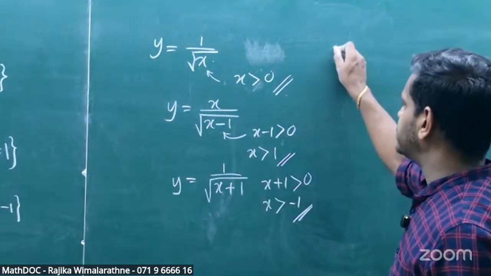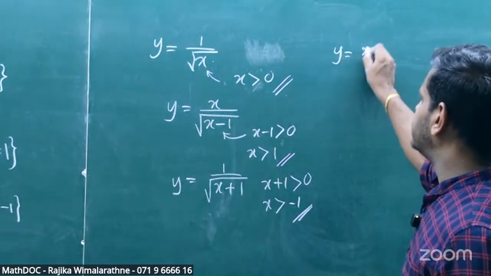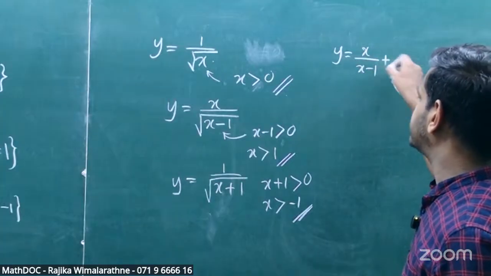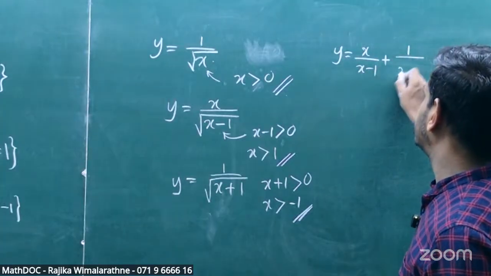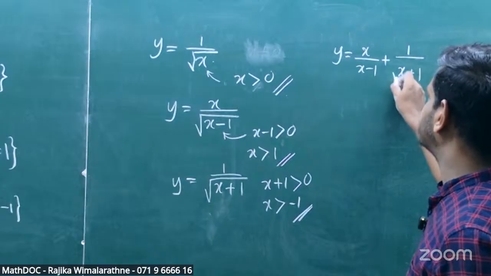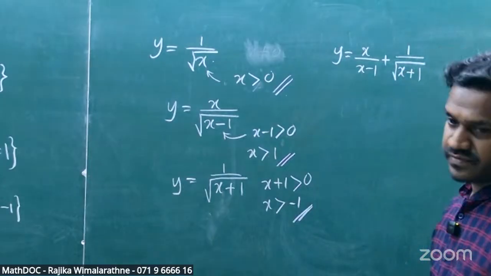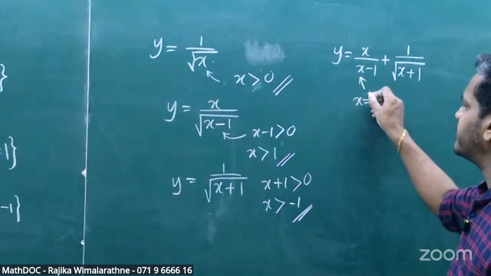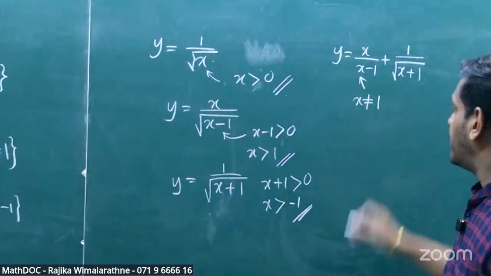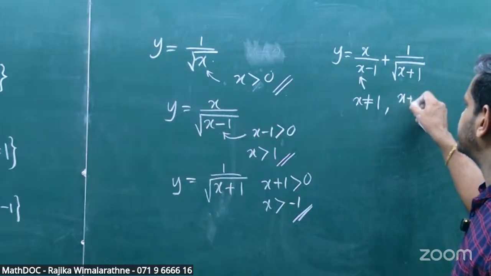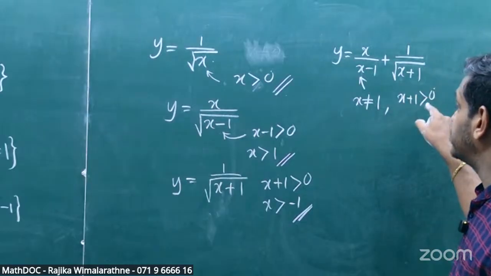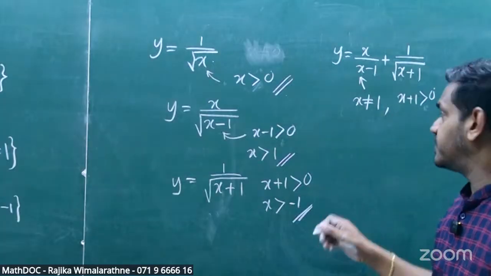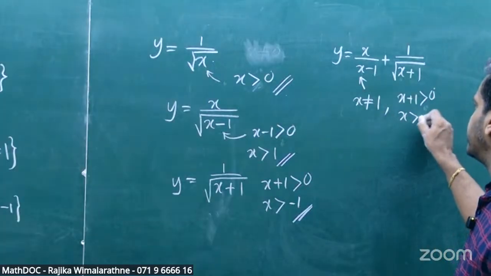So further, you see y equal x over x minus 1 plus 1 over root of x plus 1. Here for this case, x not equal 1. And for this case, x plus 1 greater than 0, don't get equal 0, because when we get equal 0, we get denominator zeros. Then x greater than minus 1.